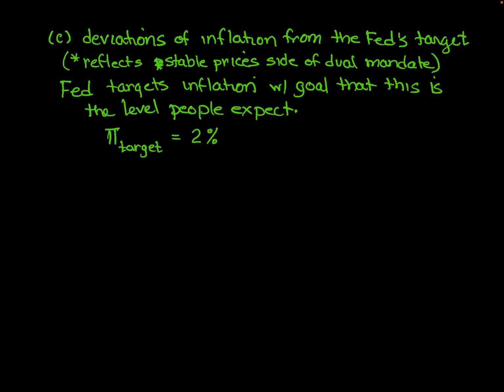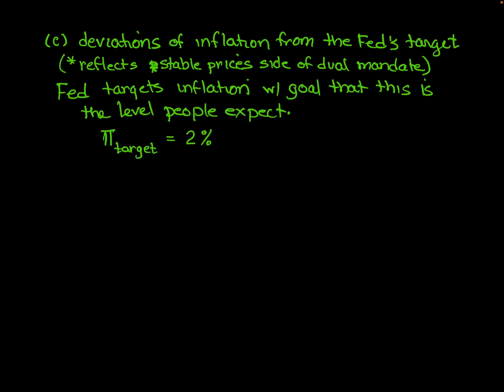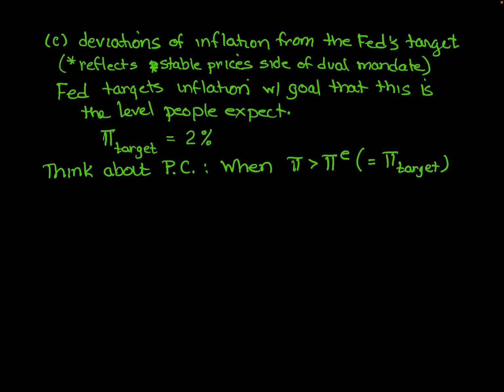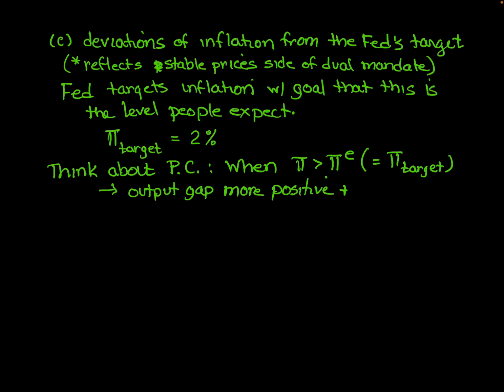When inflation is bigger than the level that's expected, and by implication, what we're thinking of is that this is the Fed's targeted level, then what we see is we have an output gap that is becoming more positive, and the economy is overheating.